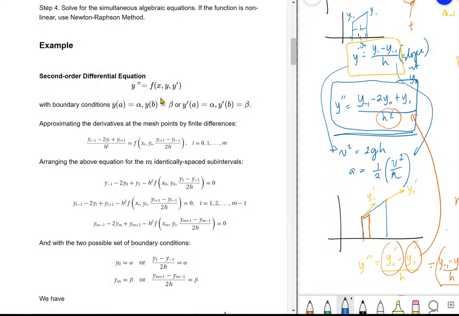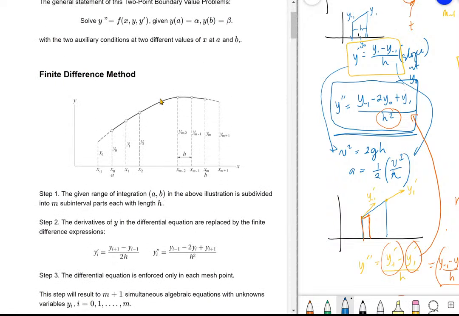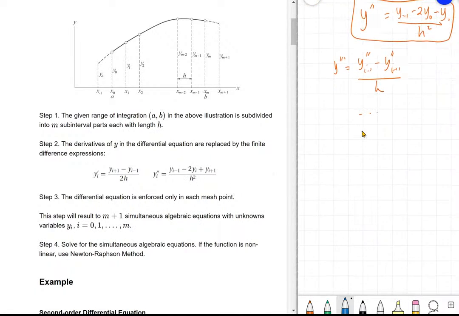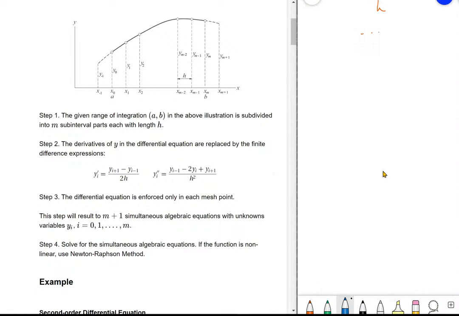And we've learned the finite difference method and how to derive these things. Now, if you have more order, like an nth order ODE, you will have y to the n, and then you will have this expression here.